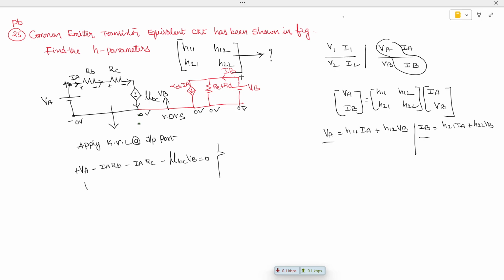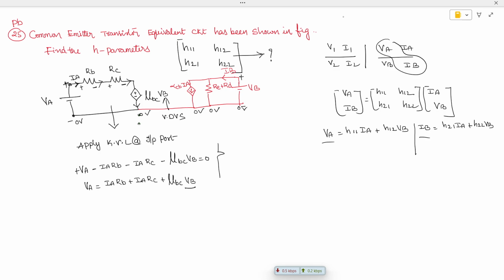So now we require the expression of VA. When you move all these terms to the right hand side, VA is equal to IA RB plus IA RC plus mu BC VB.